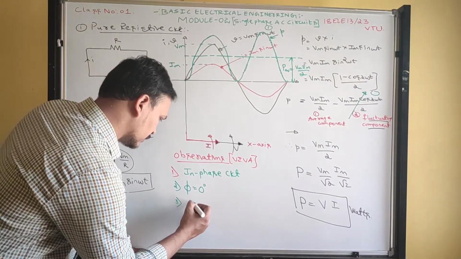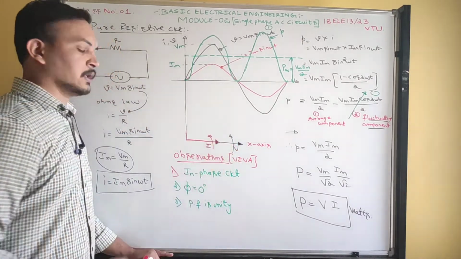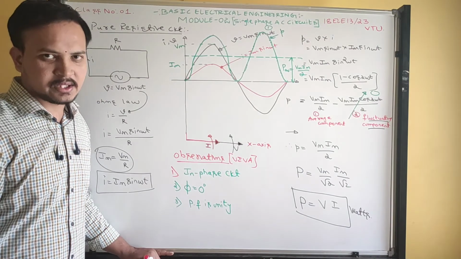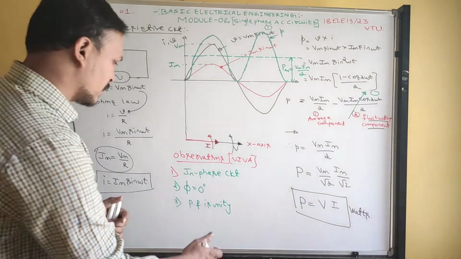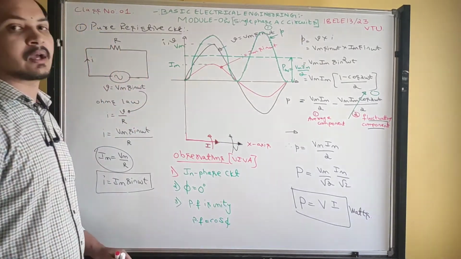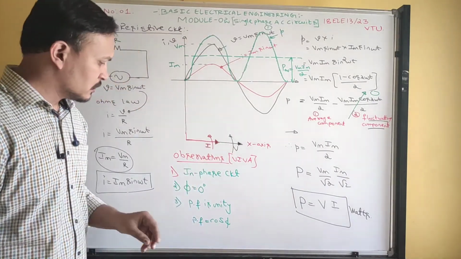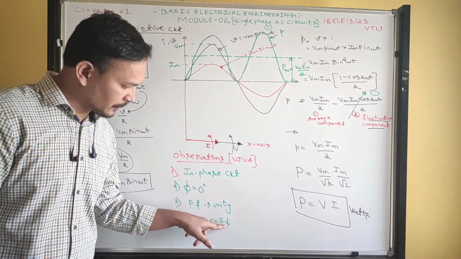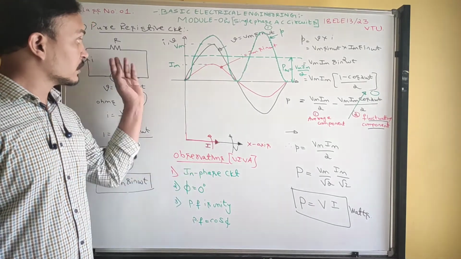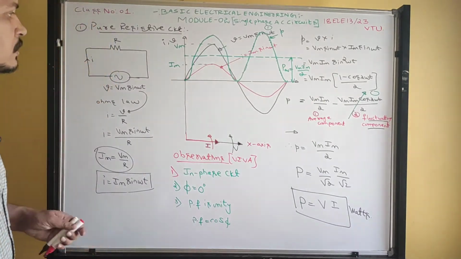How? The power factor formula is cos phi: the cosine of the angle between voltage and current is called the power factor. What is the phi value? 0 degree. Put phi equal to 0 degree here. What is cos 0? 1. Therefore, in a pure resistive circuit, the power factor will be unity.